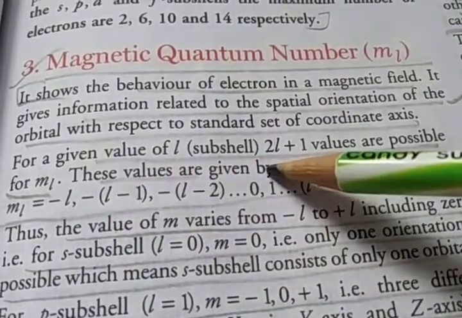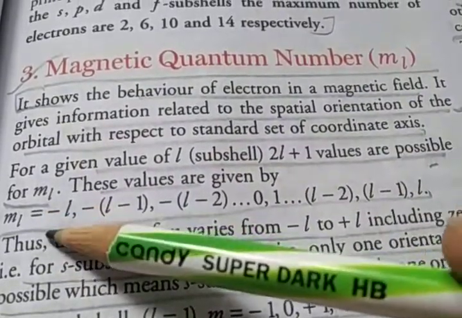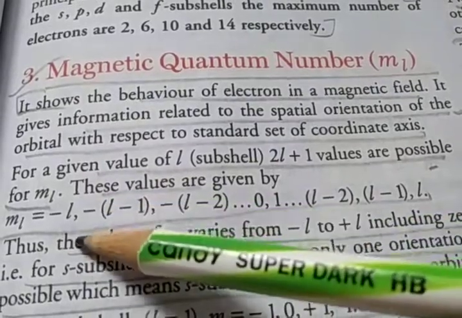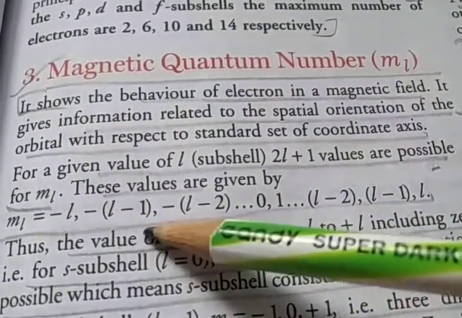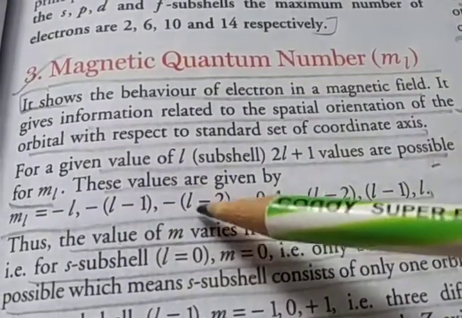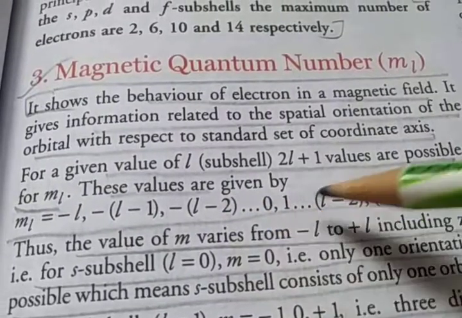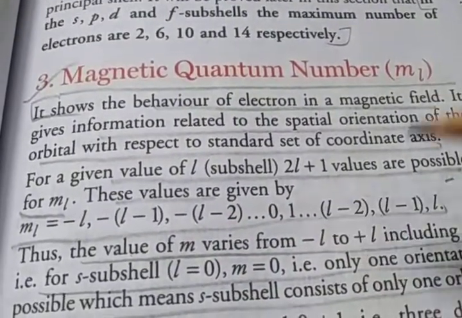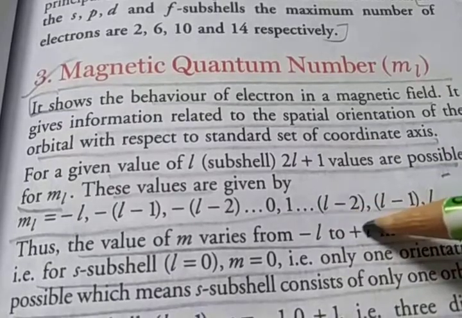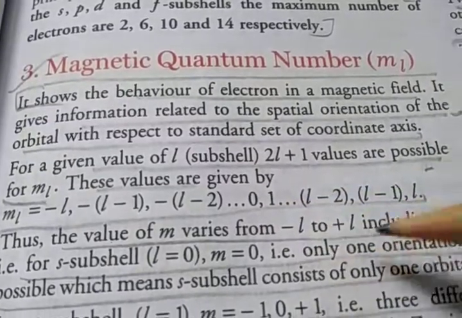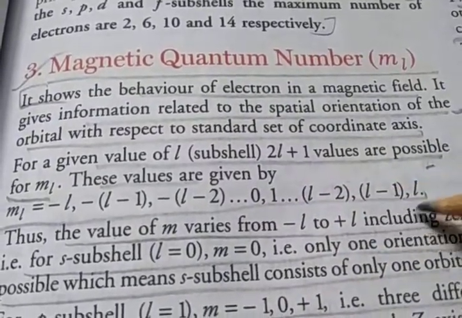These values are given by m l equal to minus l, minus l plus 1, minus l plus 2, and so on, 0, 1, and so on, l minus 2, l minus 1, l.